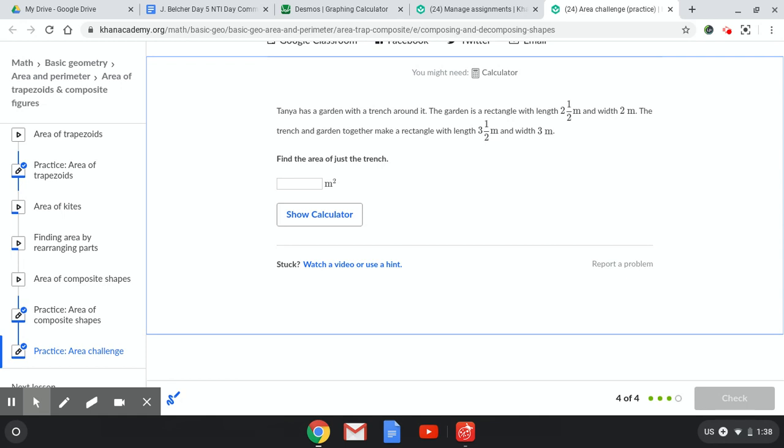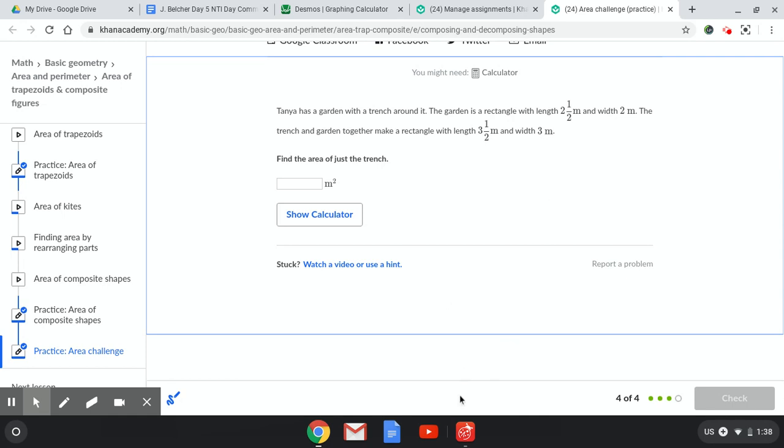All right, so she's adding a half on each side. And 3 for the width, so she's adding a half this way as well. All right, then it says find the area of just the trench.